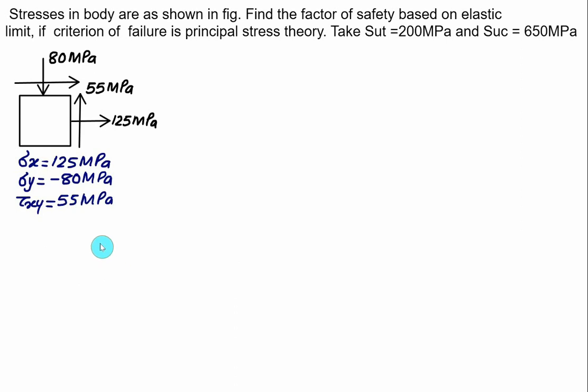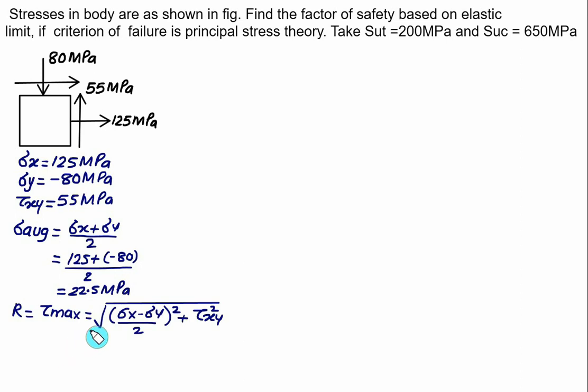Again we calculate the two principal stresses. First we calculate sigma average and tau max, that is the radius. Sigma average is sigma x plus sigma y by 2. So we have sigma x equal to 125 plus sigma y equal to minus 80, divided by 2. So we get sigma average equal to 22.5. Next we calculate the maximum shear stress, or the radius of Mohr circle.